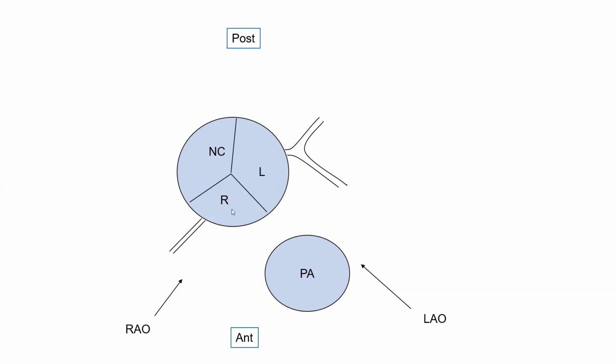There is nothing coming from here. Okay, I see the left coronary coming from the right cusp next to the right coronary. So I know the left coronary is arising from the right cusp via an LAO view, but then the RAO view will define the course. So LAO will tell you its anomalous origin, RAO will tell you what is the course of this anomalous origin.